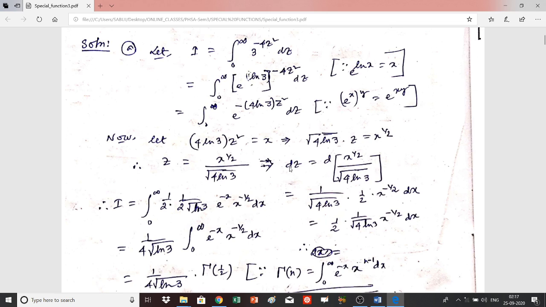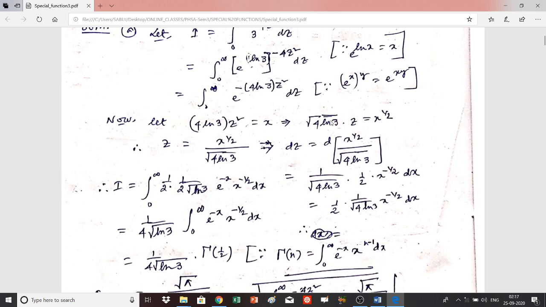Then dz is equal to d of x over root 4 log 3, and after differentiation, since the root is a constant term, 1 by root 4 log 3, then half will appear due to this power, then x to the power minus half dx. That is equal to half into 1 by root over 4 log 3 x to the power minus half dx.